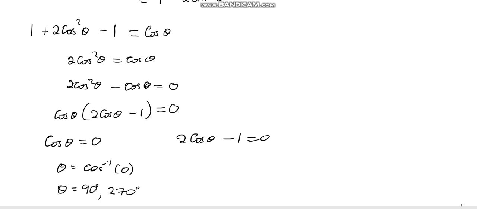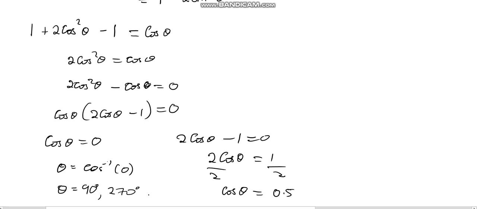Then we solve the other equation as well. We push the negative 1 to the other side of the equal sign so that it becomes positive. So we have 2 cos theta equal to 1, then we divide by 2, so we have cos theta equal to positive 0.5.